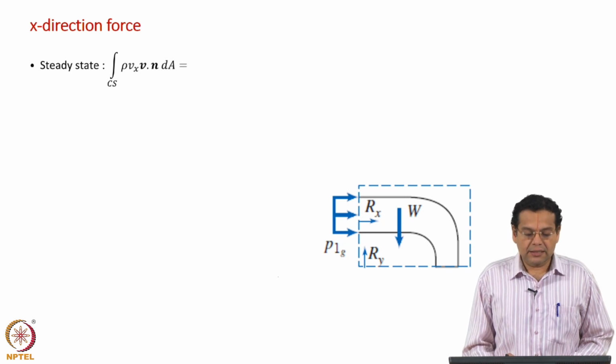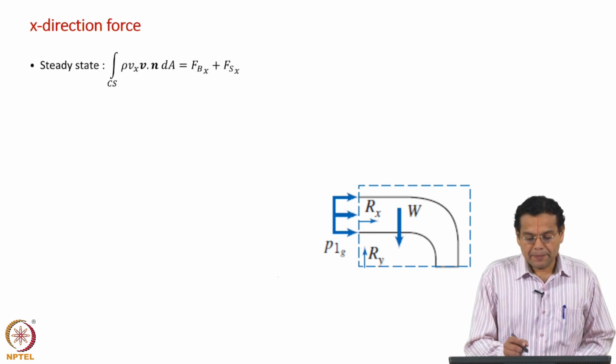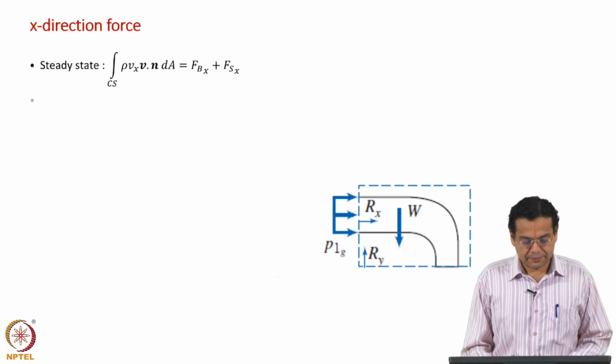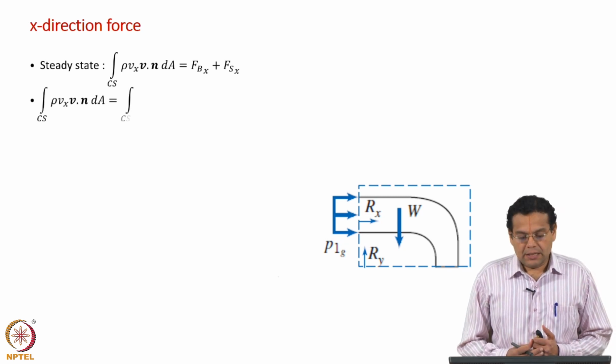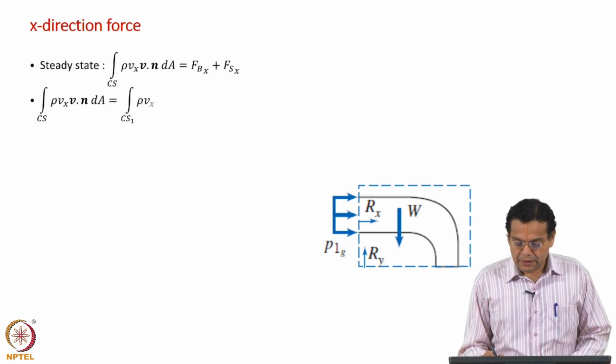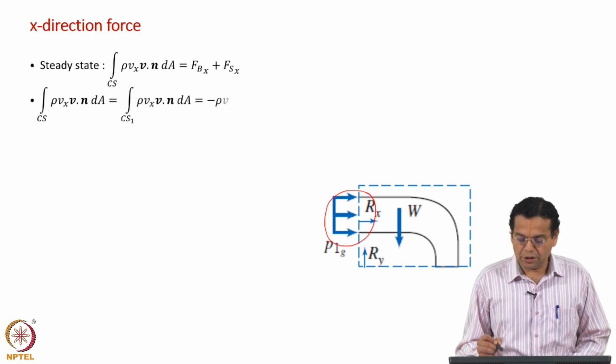We consider straight away the steady state momentum balance, with the convective term on the left hand side and the forces on the right hand side. Now, for the x momentum, inflow through section 1 alone contributes.